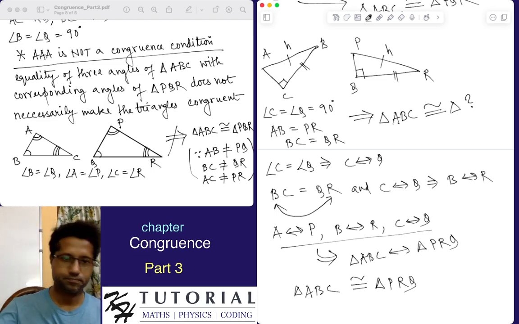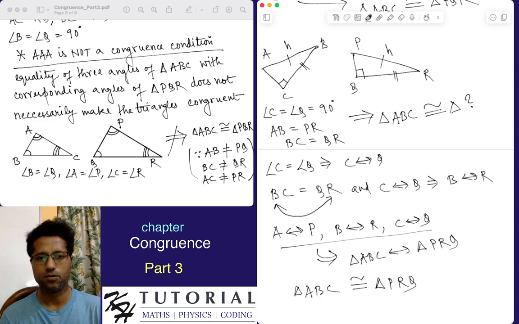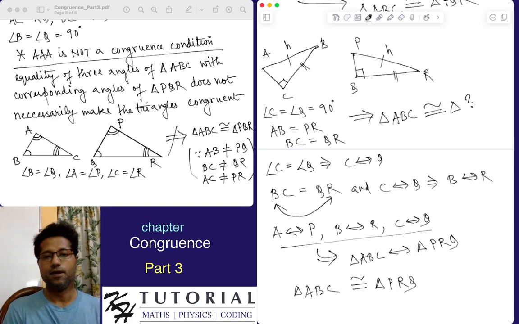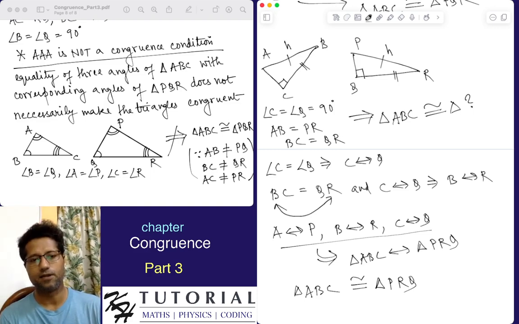You can see in the example in the notes, I have triangle ABC and triangle PQR, where angle B is equal to angle Q, angle A is equal to angle P, and angle C is equal to angle R.